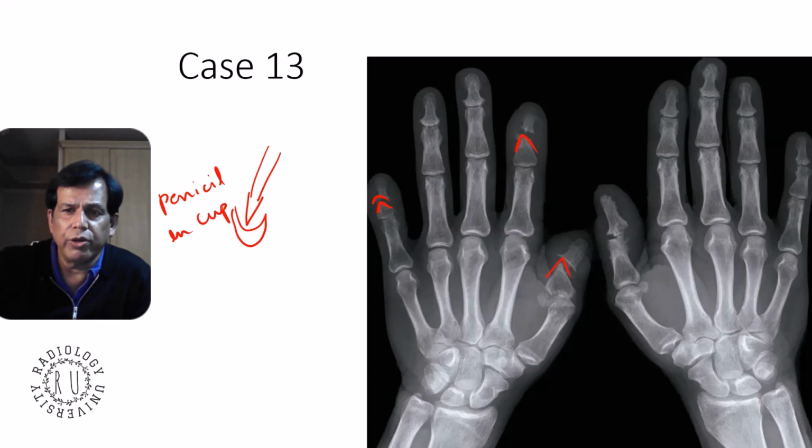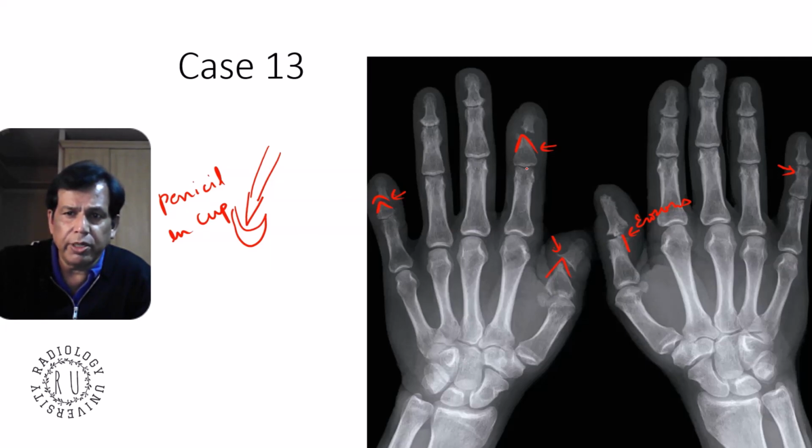Loss of joint space, yes. The joint surface is destroyed. The erosions are on the joint surface and slightly on the margin of it. So this is marginal but on the joint surface, with spurring of the joints. And some of them give a cup and pencil appearance, asymmetrical.